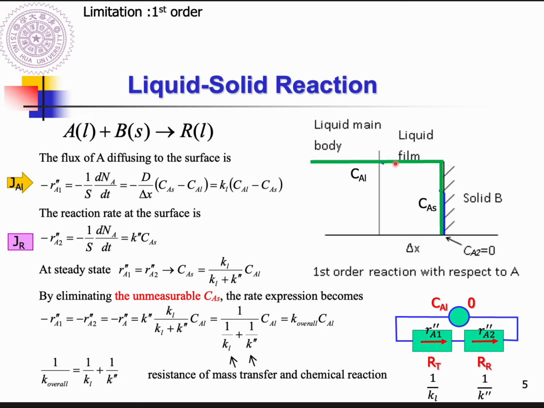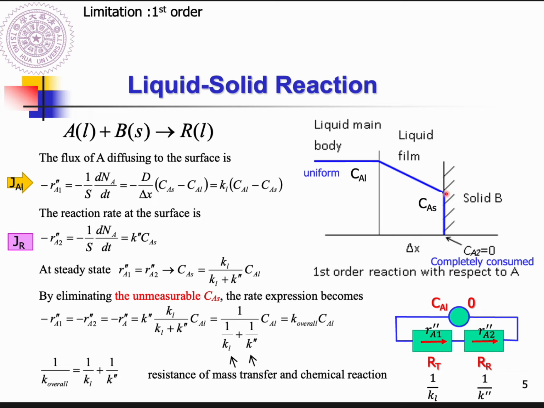However, on the other hand, if the transport of reactant A in the liquid film is not fast, it's slower, it implies that as long as there is a resistance inside the liquid film, the concentration will decrease as a function of location.